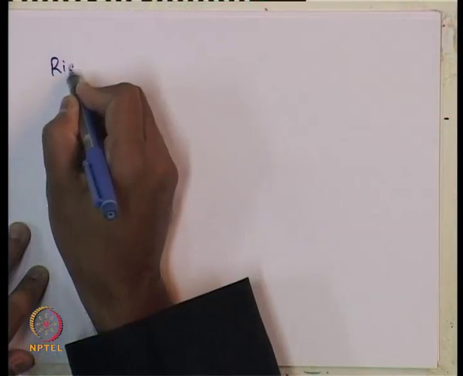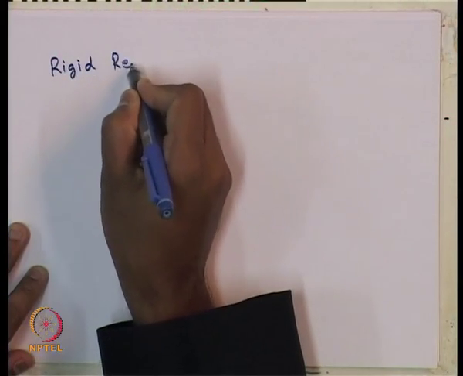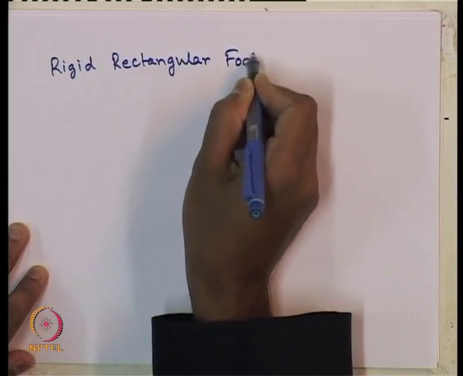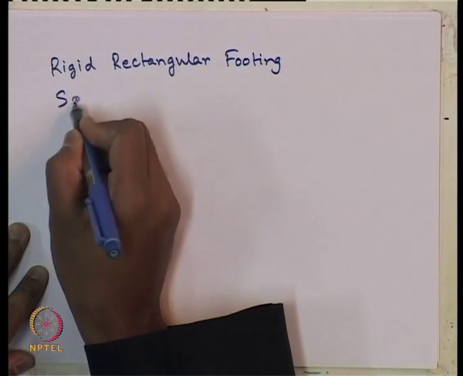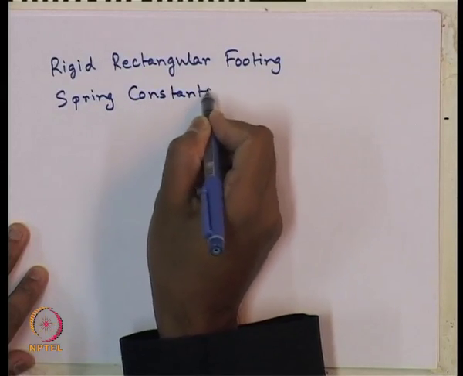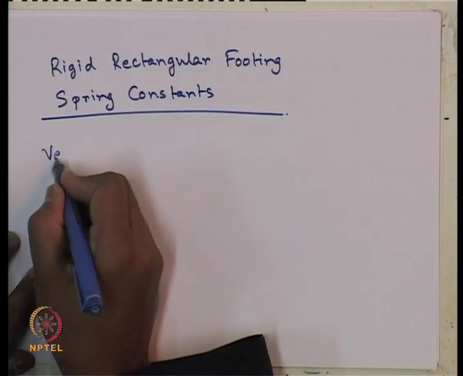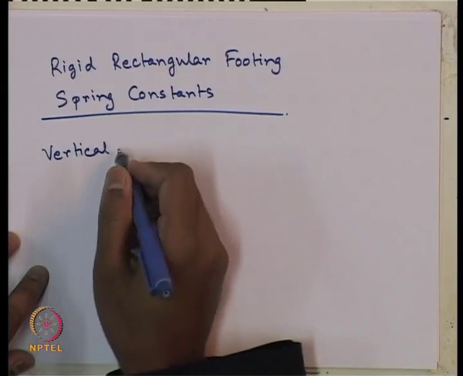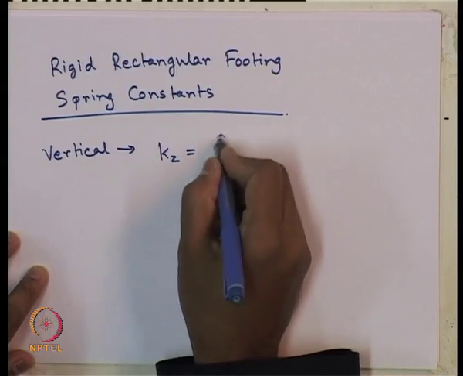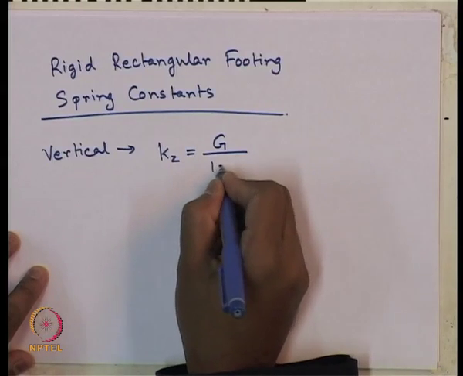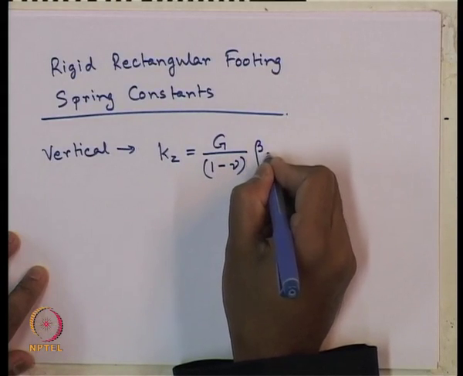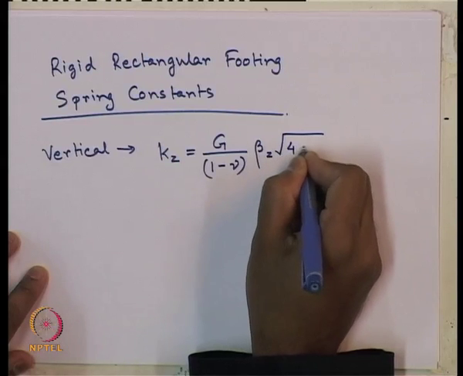So, for rigid rectangular footing, the expressions for spring constants for vertical mode of vibration, it is k z equals to g by 1 minus mu times beta z root over 4 c d.